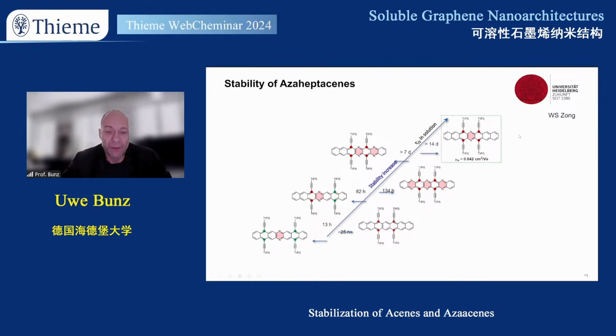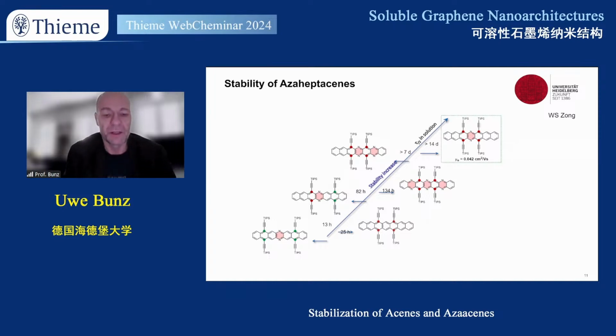If you remove the nitrogens, or if you pull the TIPS ethynyl groups apart, then your stability decreases.